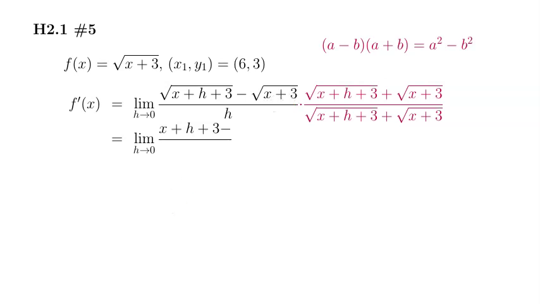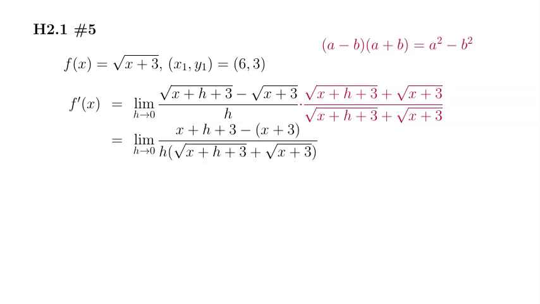So I put x plus 3 in parentheses. In the denominator, we can't really do much, so I'm just going to multiply the denominators together. So you have h times the square root of x plus h plus 3 plus the square root of x plus 3. So we get something like that.